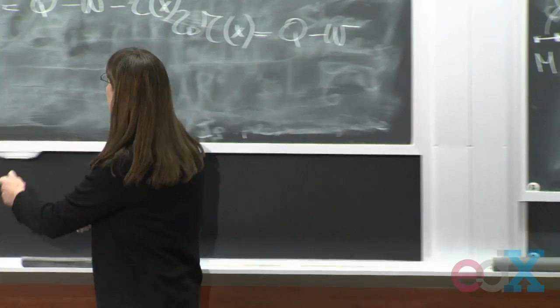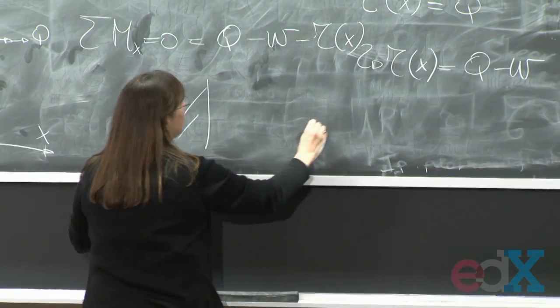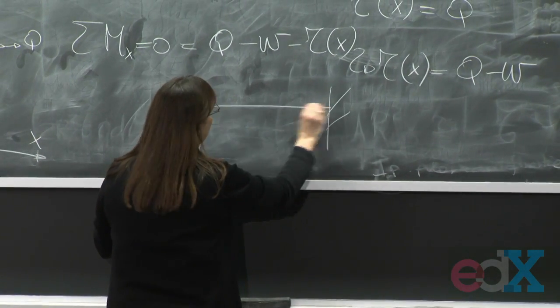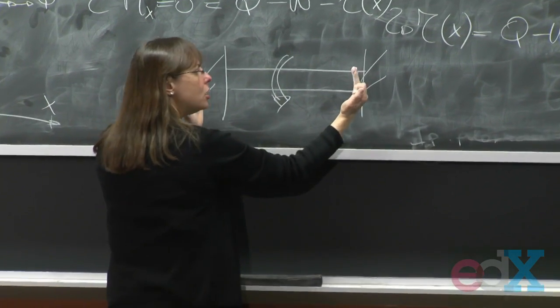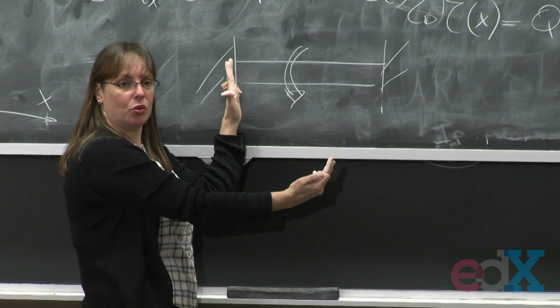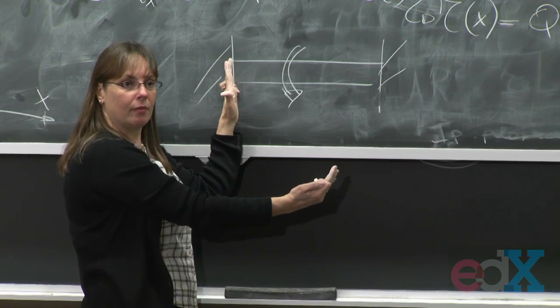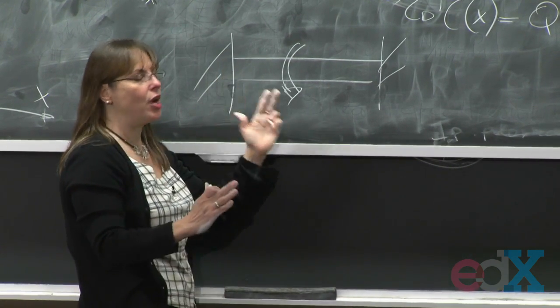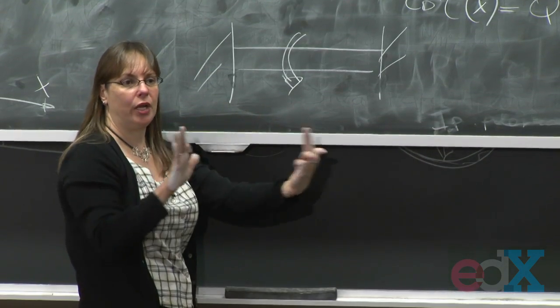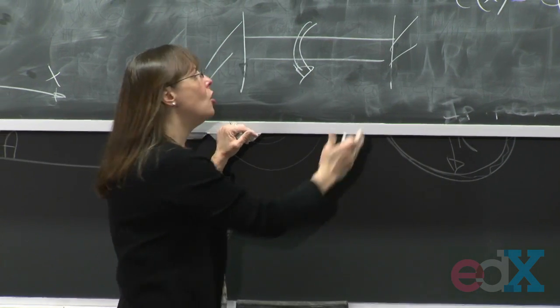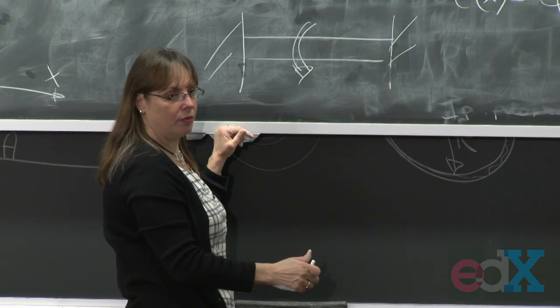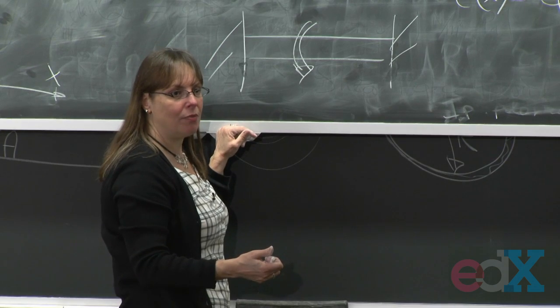If I have a bar between 2 walls, like that, with a torque in the middle, I'm twisting it this way, and the walls stop here and stop here, what must be true? The total phi is 0. The same way as for a bar between 2 walls, the total elongation is 0. Or in other words, the displacement at the end is 0. Or in this way, the rotation is 0, right? That would be my compatibility constraint.